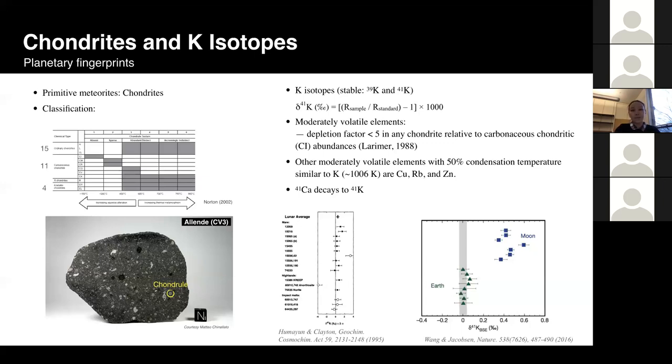So in this talk, that will be part of the content that we present. In addition, we will also discuss other mechanisms, mass-independent fractionation, and discuss if the possible potassium isotope variation could be related to the radiogenic calcium-41 decay.